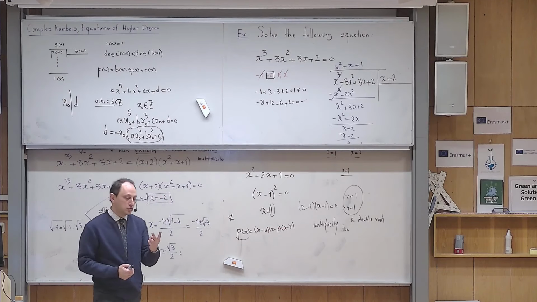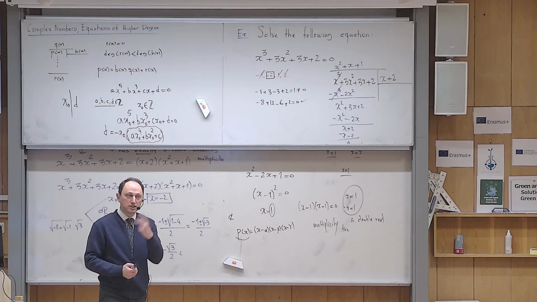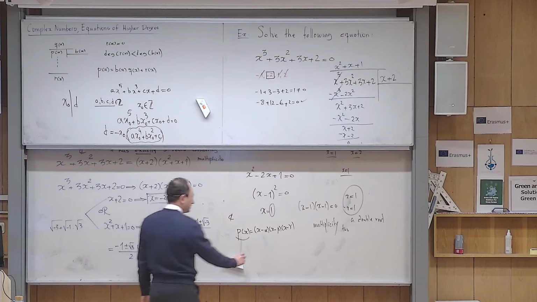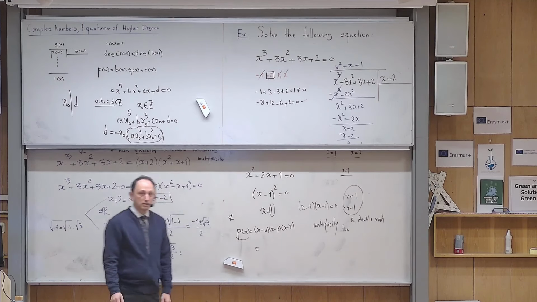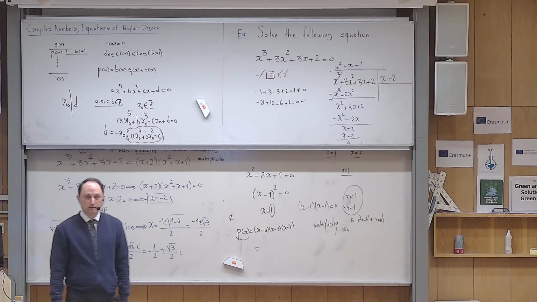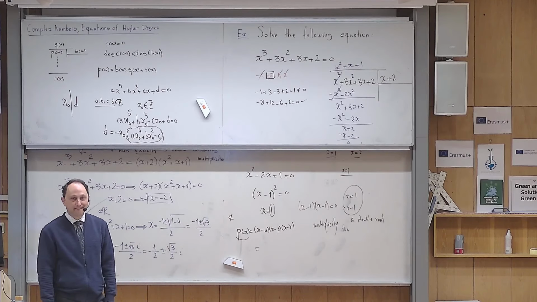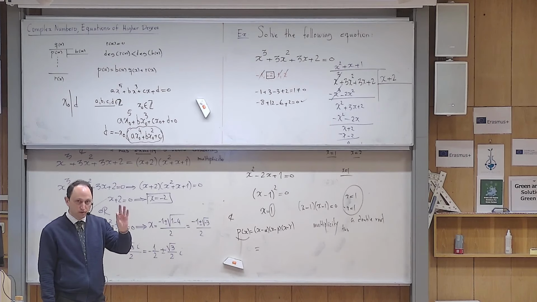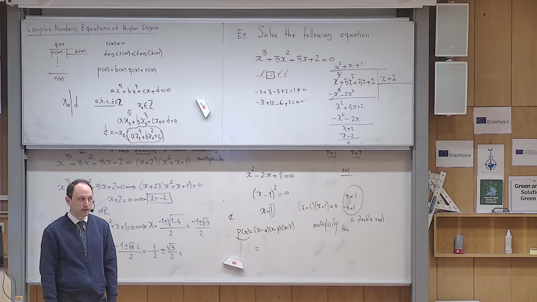But now let us say you solve and you get 2 distinct roots. What will be the form of factorization? Can you tell me? So you solved a third degree equation, but instead of getting 3 numbers, alpha, beta, and gamma, you get only 2 numbers, alpha and beta. So what can I write for the factorization then?